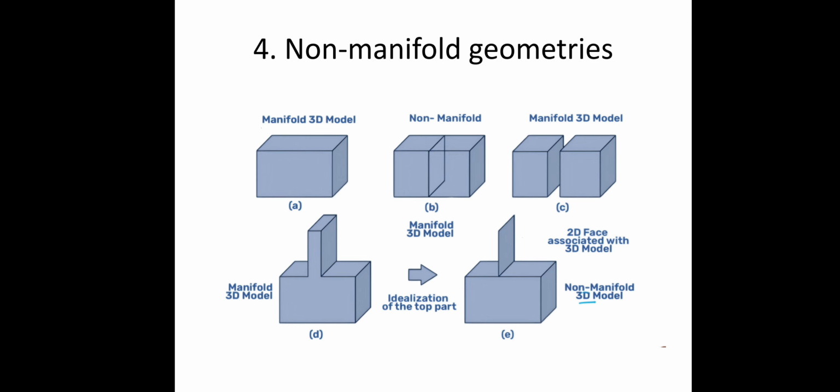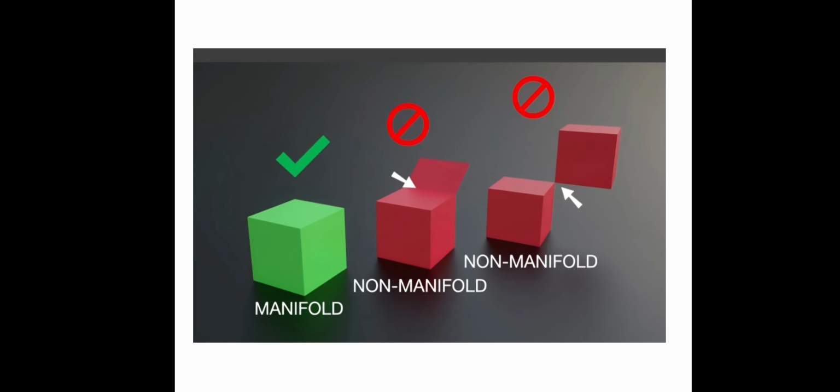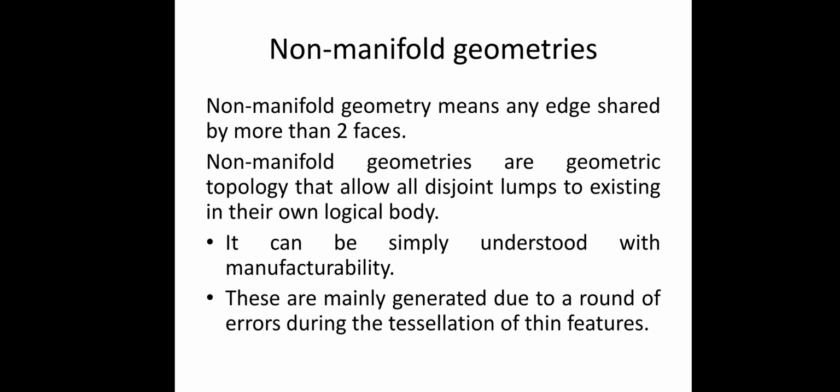Then non-manifold geometries. Non-manifold geometry means any edge shared by more than two faces. Here you can see the second diagram. This edge is shared by more than two faces. It is said to be non-manifoldness. It is a very big problem in the STL files.